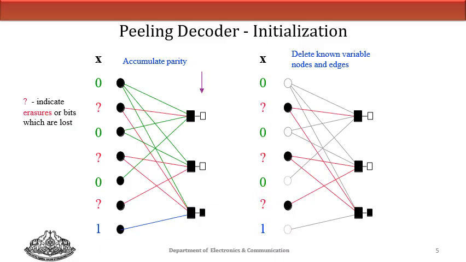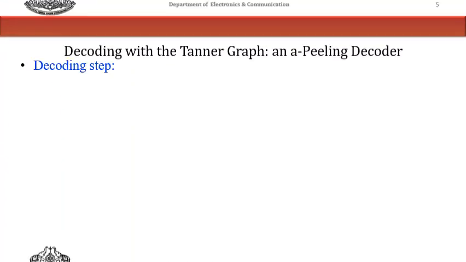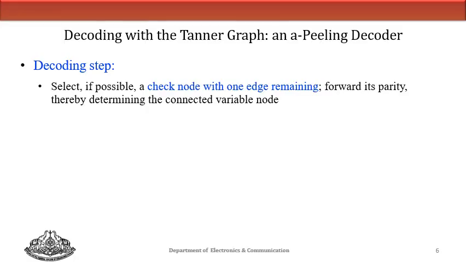Before that, let me explain the decoding step. Select, if possible, a check node with one edge remaining, and forward its parity, thereby determining the connected variable node. So if possible, we go for a check node which has only one edge with an erasure, because it is easy to find that erased bit.